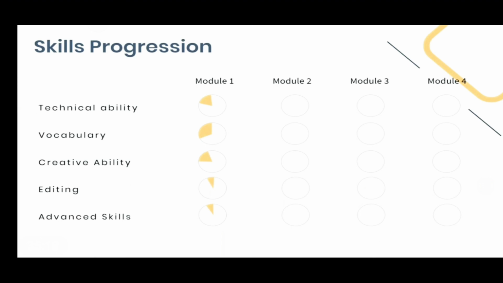Technical ability, your vocabulary, your creative ability, your editing, and your advanced skills. Certainly in this lesson, our vocabulary hopefully has improved dramatically. So I have put that quite far ahead and take this as your starting point.